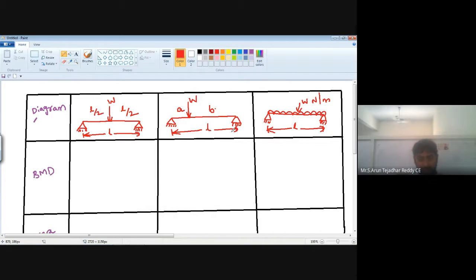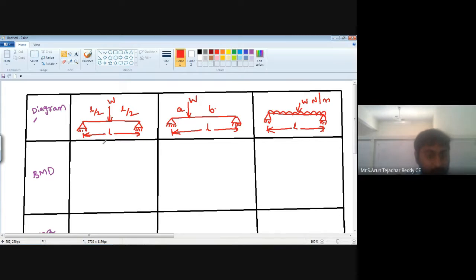You can observe the difference in these three diagrams: the load is acting at different places. Here the load is acting at the middle of the span, here the load is acting at a distance from A, and here the load is acting throughout the span. Only these are the differences.